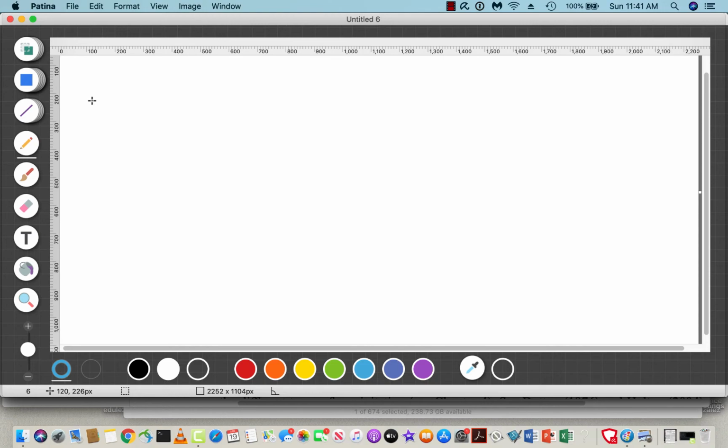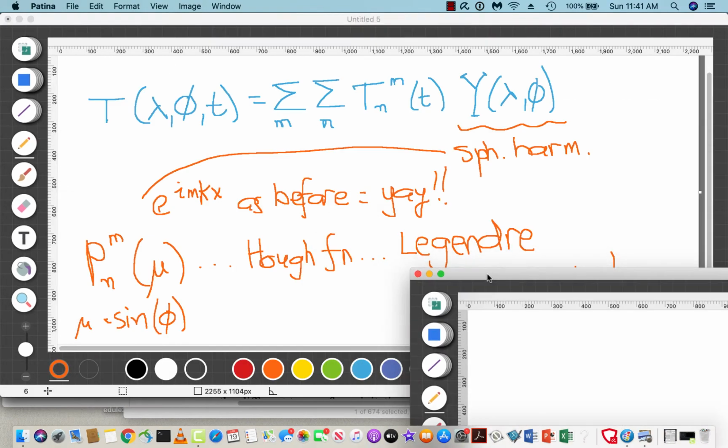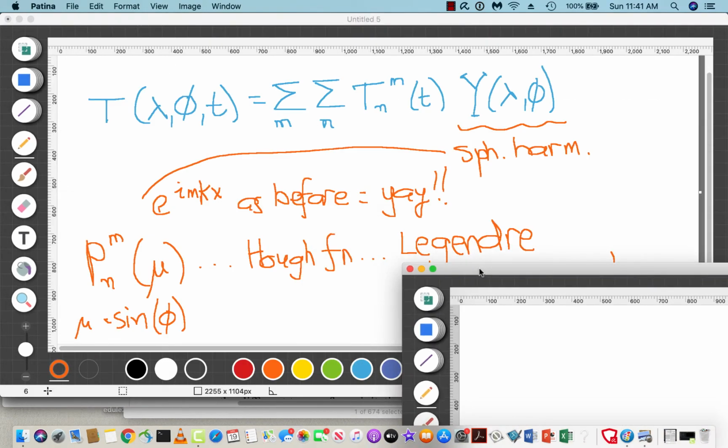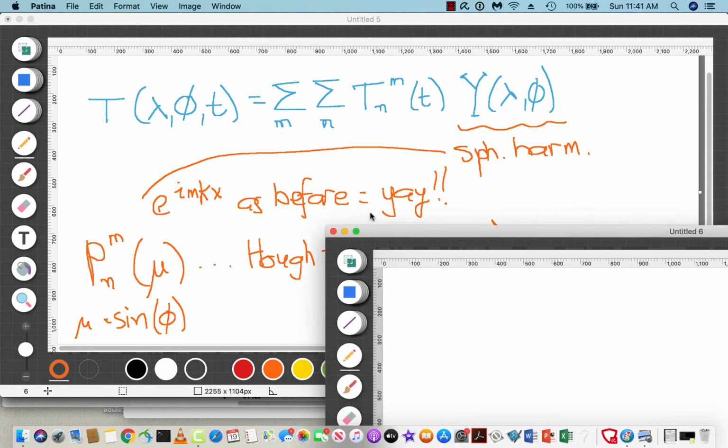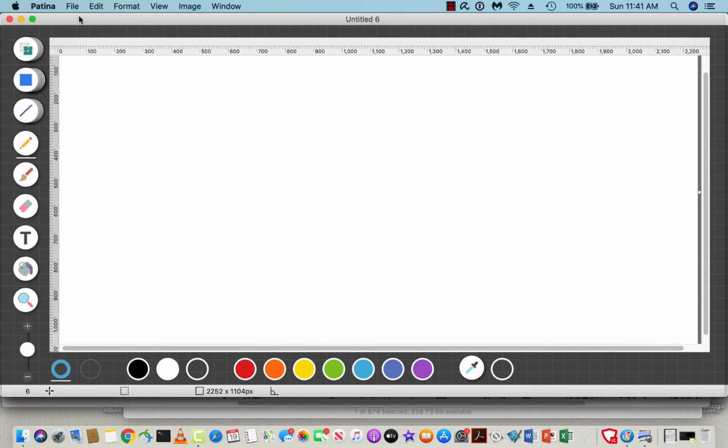So if I go back here, this thing about Hough function here, so let me think about how I want to say this. You have the sum over m and the sum over n of the weights, which right now I don't care about, e to the I k m x, which we still care about.